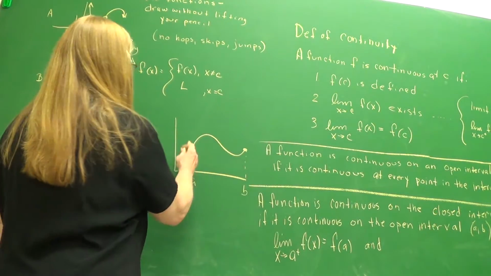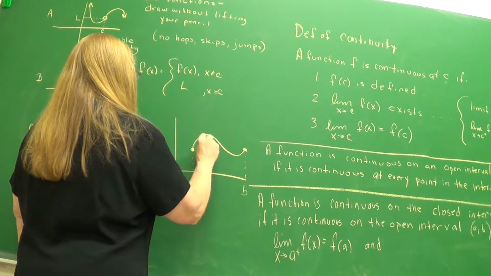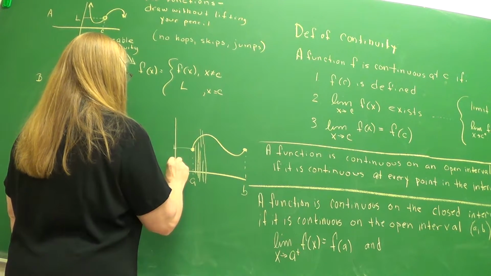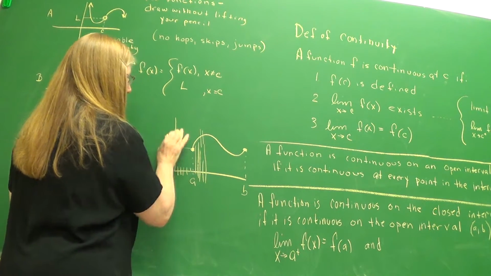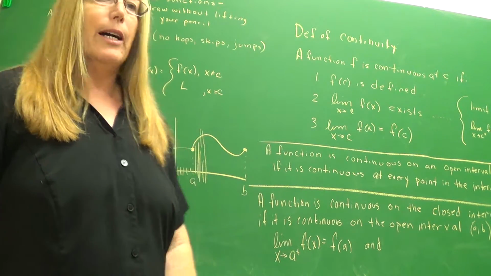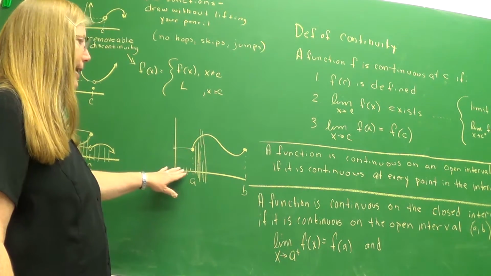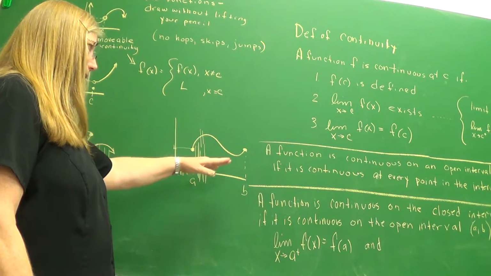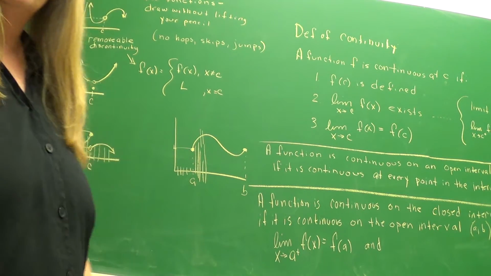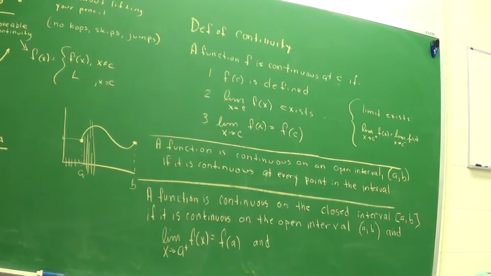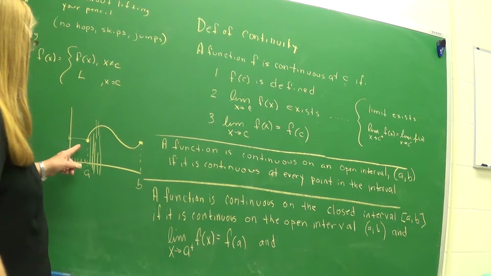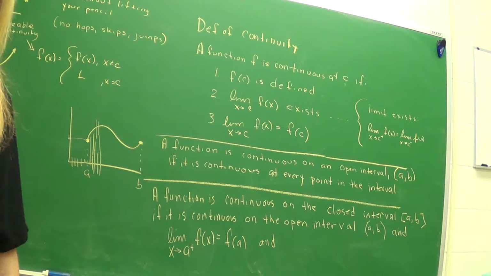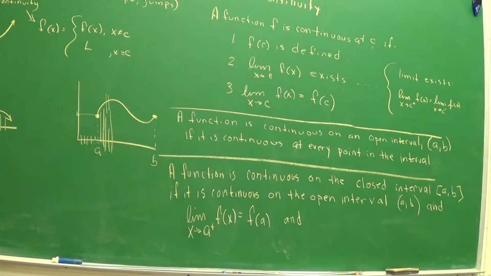If we cut this function off here at a and b, the limit exists as we come in from the right, it's L, but when we come in from the left, there's no function to connect to. So we do not have a limit that exists, because it comes in from the right but not the left. Yet this is going to happen. We're going to have functions that start abruptly at certain points and end abruptly at certain points, and we are willing to call them continuous. So we have to add a special case for a closed interval [a, b].